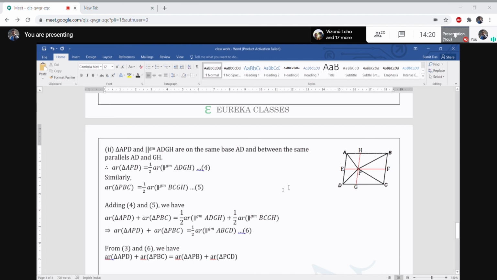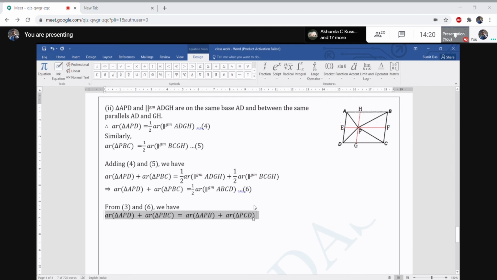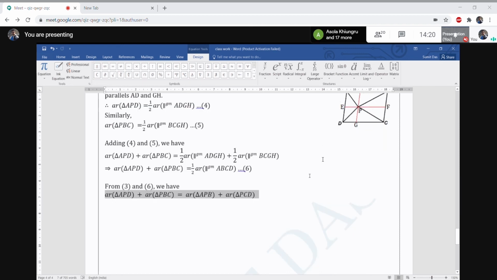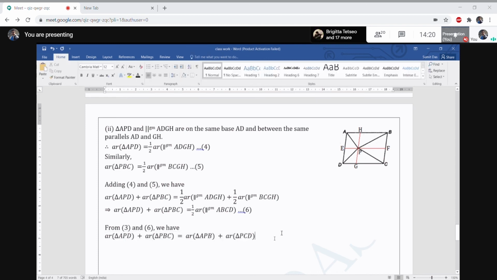So from these two we can write APB plus PDC equals APD plus PBC. That's what we have to prove. That is number 2.